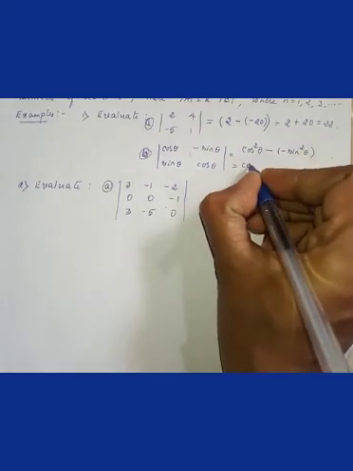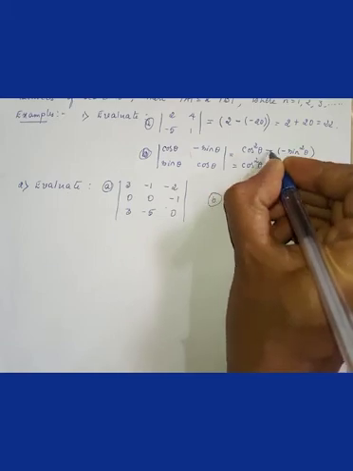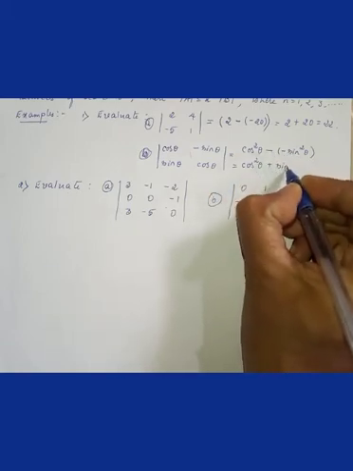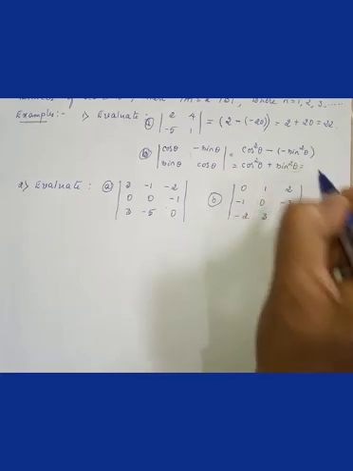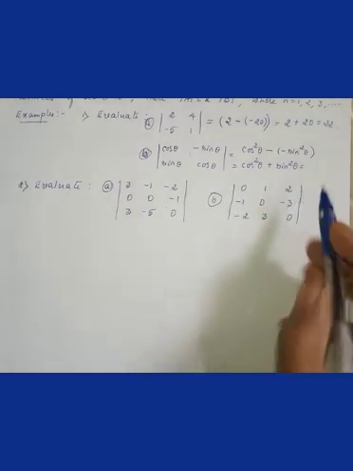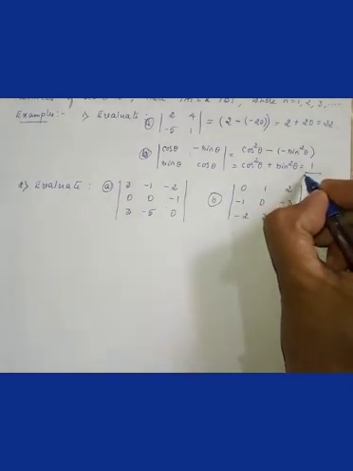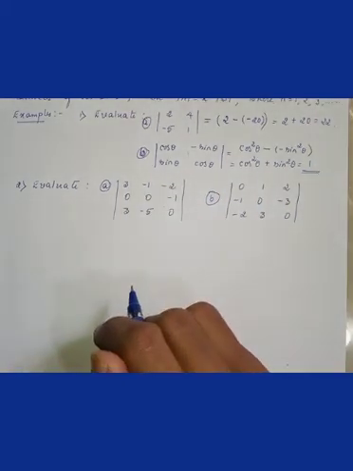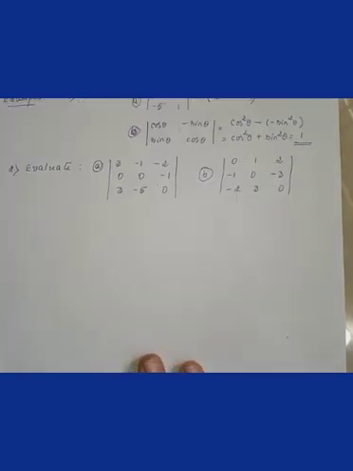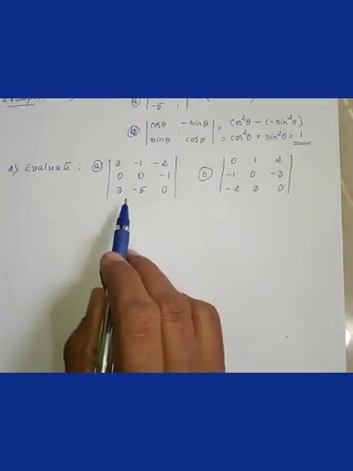In the next step, cos square theta, and minus into minus is plus sin square theta. You know the trigonometric relation: cos square theta plus sin square theta is equal to 1. So this is a number here. Okay. Now we evaluate the 3 by 3 determinant here.